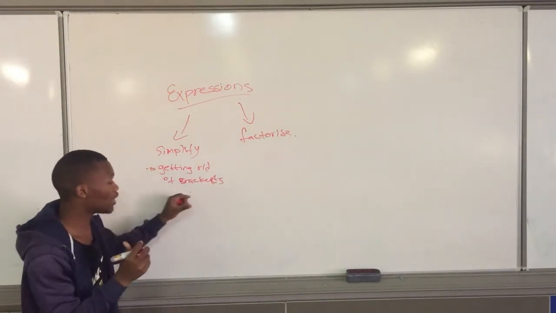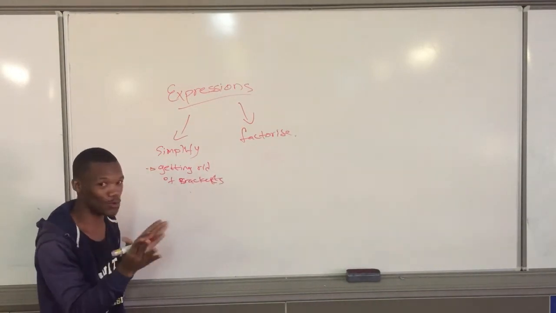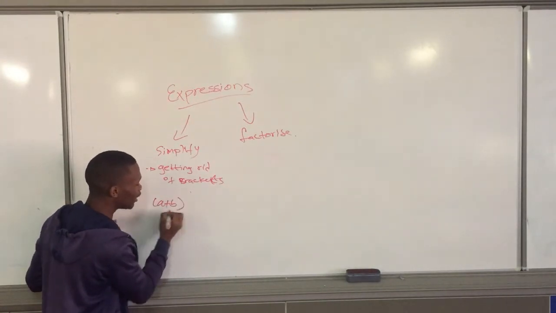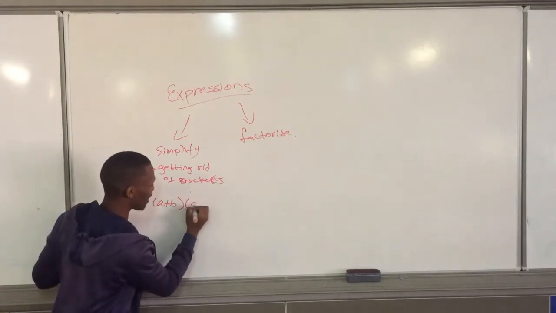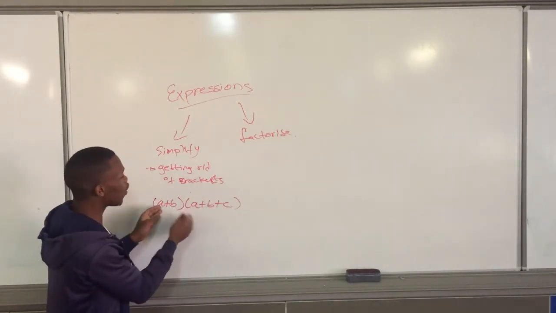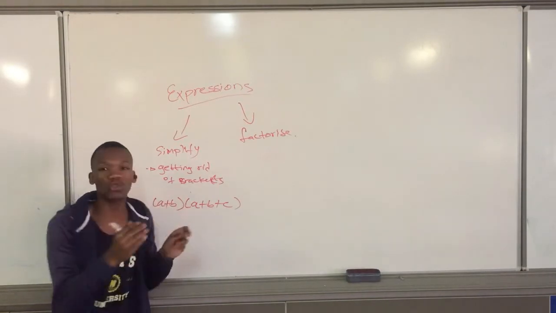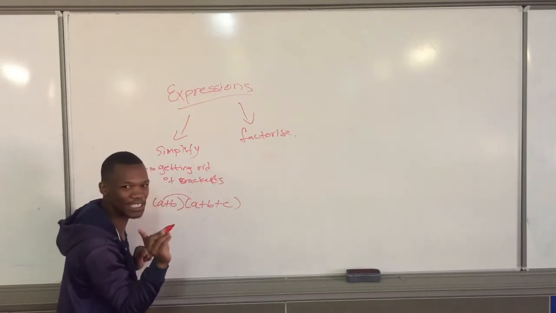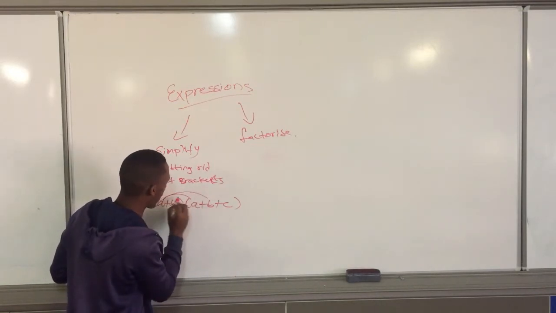I hope I've done my work. I taught you about binomials and trinomials. Now you know all those terms. For example, let's say we have a plus b. So this is a binomial. A plus b plus c. This is a trinomial. So here you can see we have brackets, but when we simplify this, we're going to apply what we call the distribution law that you did in grade 4 or back then.